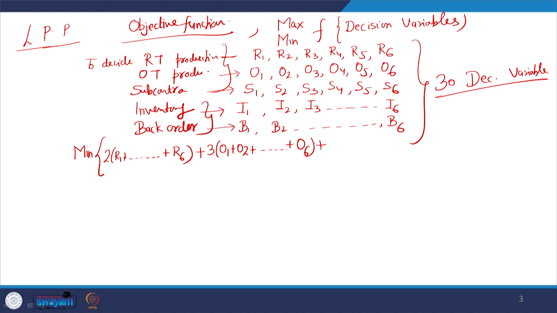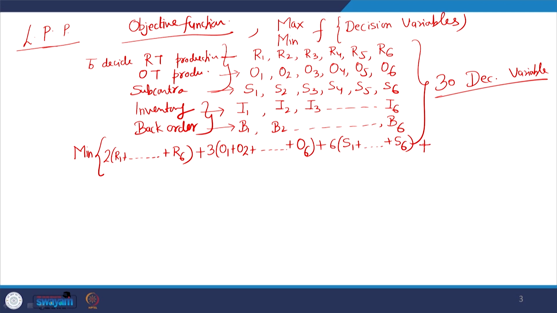Then the subcontracting. In each period I am giving subcontracting of S1, S2, S3 to S6, and that is at the rate of $6 per unit. 6 into S1 to S6. Then the inventory cost. This is the average inventory I am having in different periods.